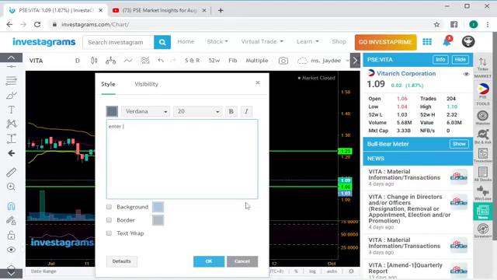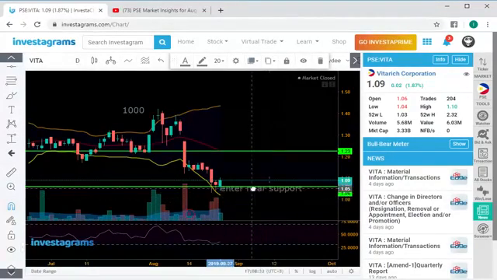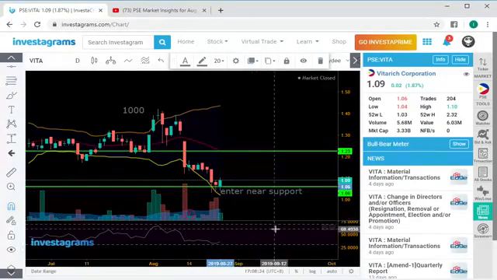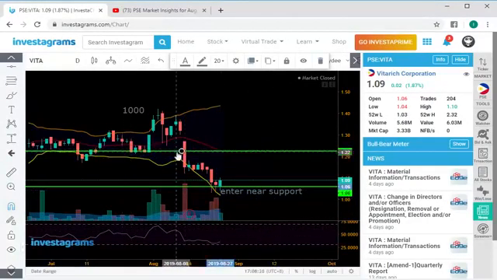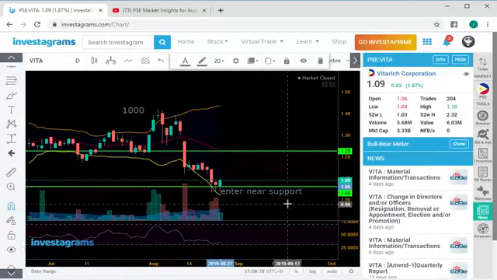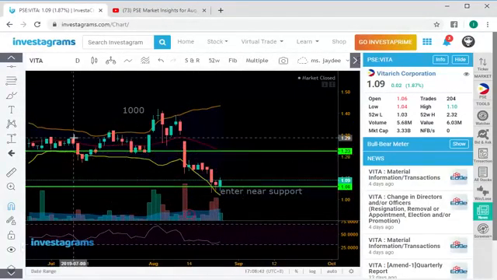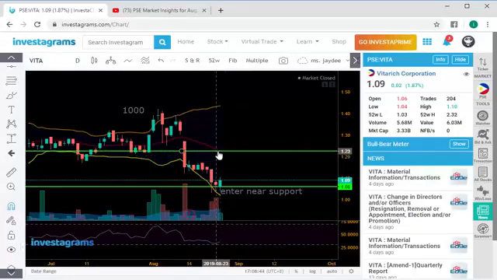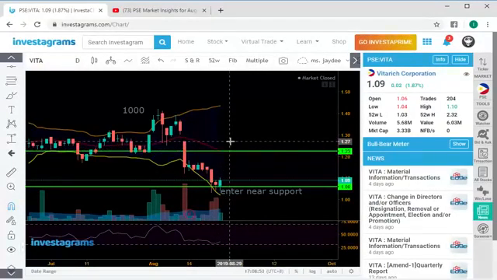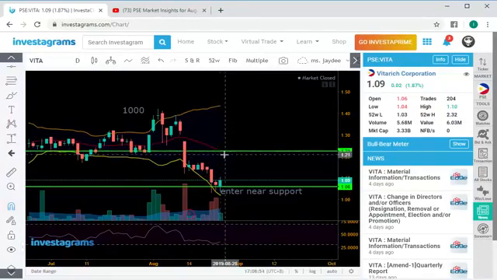Enter near support. Okay, so you enter near the support around this level, and then just be conservative with the play. And for example, if you have another confirmation that this area is just a bounce, it's not a breakout play, if it just bounces to the downside, then you take profit.